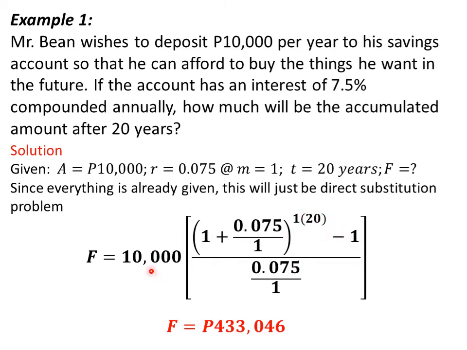A is 10,000 pesos. I is equal to r over m, so that is 0.075 divided by 1 for annually. To the power of 1 times 20, minus 1, over 0.075 divided by 1. For this one, the answer is 433,046 pesos.